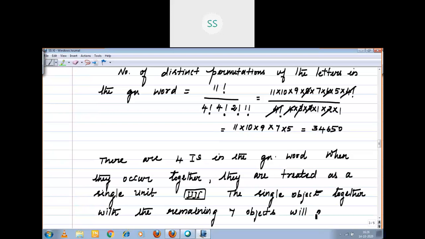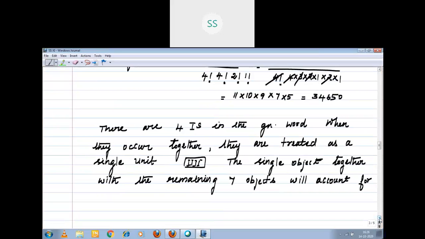With the remaining 7 objects, it will account for 8 objects.